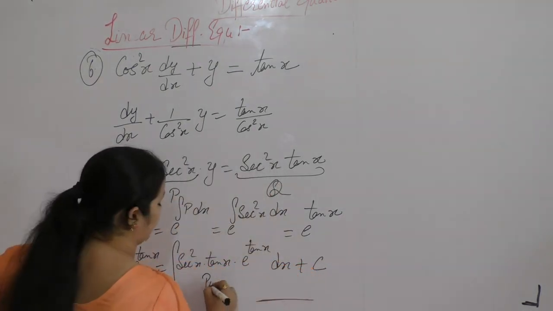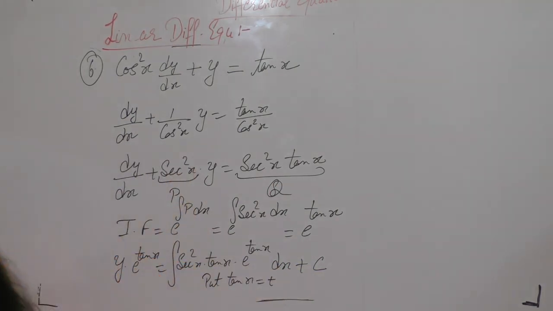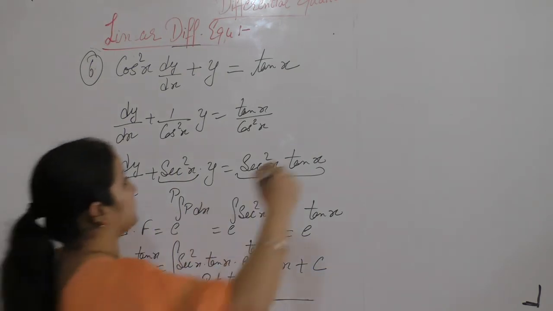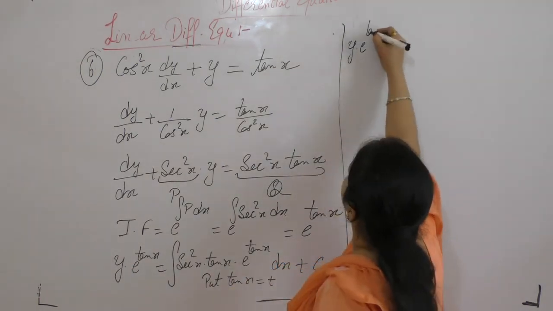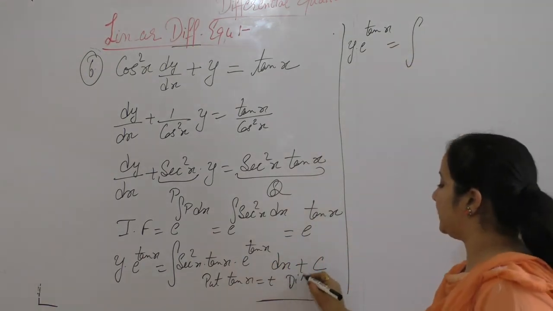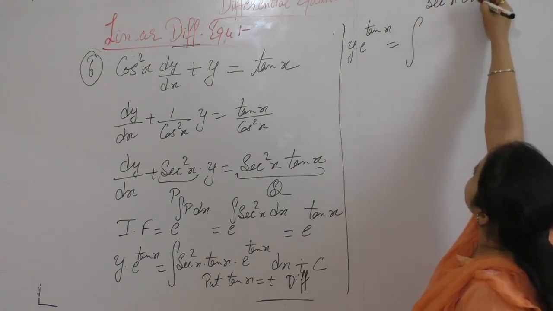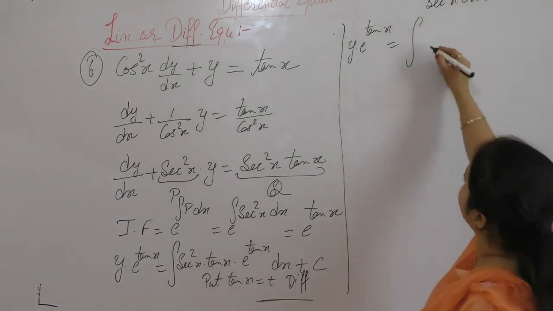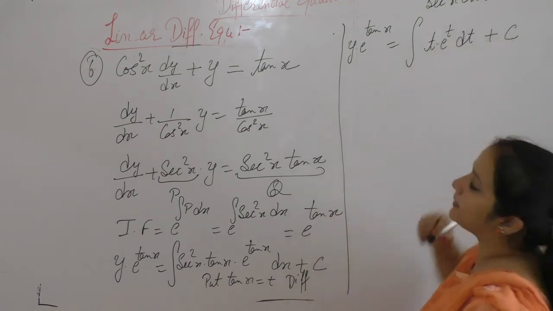Now here we can put tan x as t. What is the derivative of tan x? It is sec square x. So y into e power tan x is equal to, after differentiating we get sec square x dx as dt. Tan x is t, into e power t dt plus c.